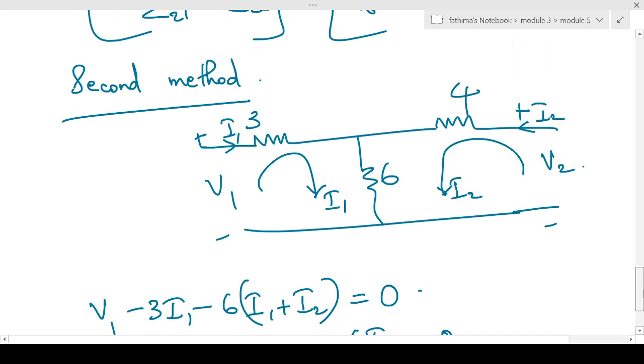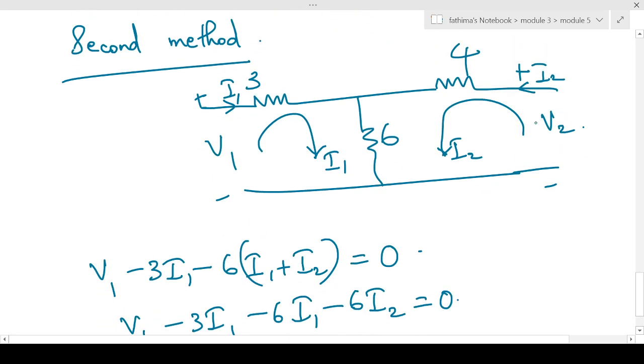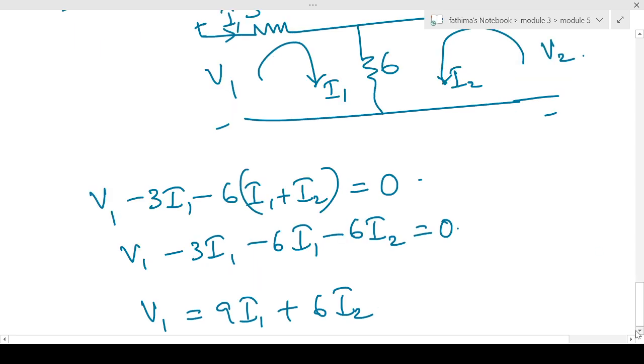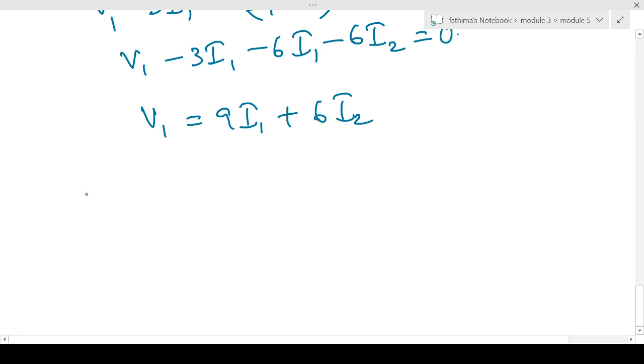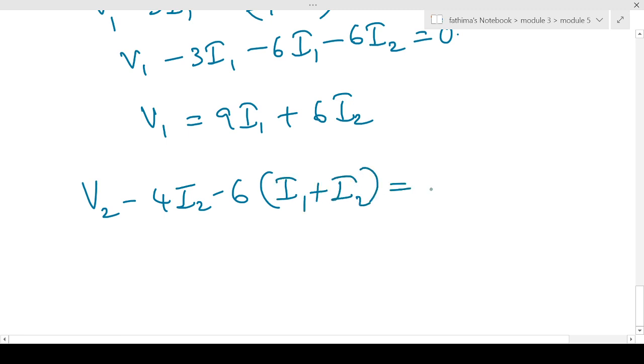Now we will write KVL for the second loop, that is V2 minus 4I2 minus 6 into I1 plus I2 is equal to 0. So V2 minus the drop across 4 ohm, that is 4I2, and the drop across 6 ohm, that is minus 6 into I1 plus I2, is equal to 0.